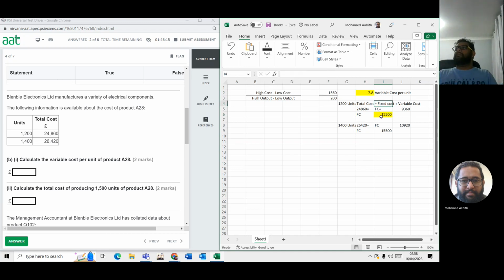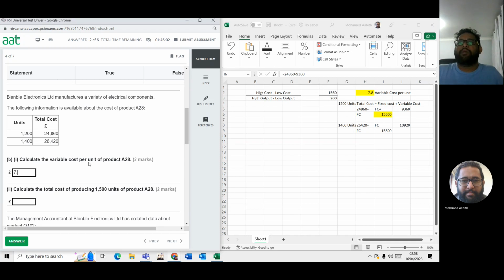With these two numbers, I will be able to find out my cost at any level. So here, the first one, they're asking you to find the variable cost per unit. I'm going to put £7.80. I'm going to do two decimals here, just for the safe side. It didn't say what it is, but we'll follow the decimals in this scenario.